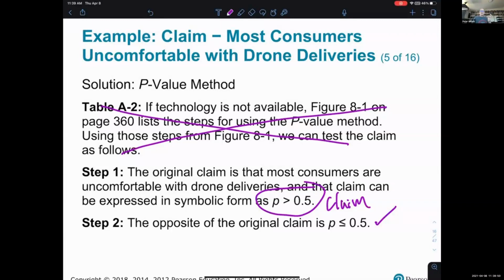In this case, we have a greater than claim, and the opposite of that would be less than or equal to 50%. In other words, if the proportion of people who don't like drone deliveries is less than or equal to 50%, then our claim is wrong. Then it's not more than 50%. It's not a majority that is uncomfortable with that.